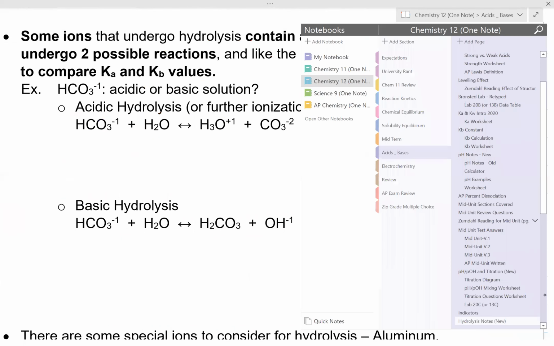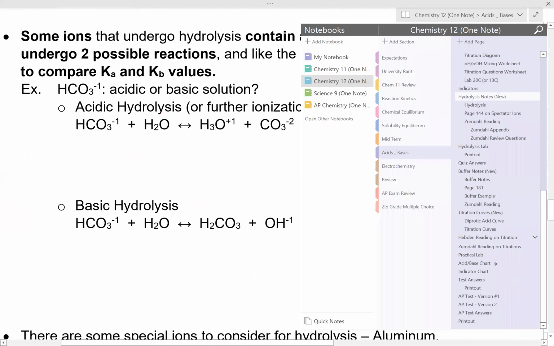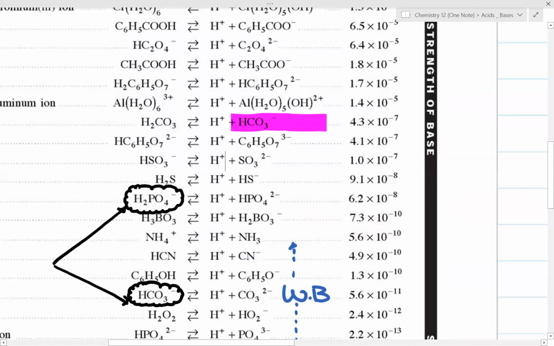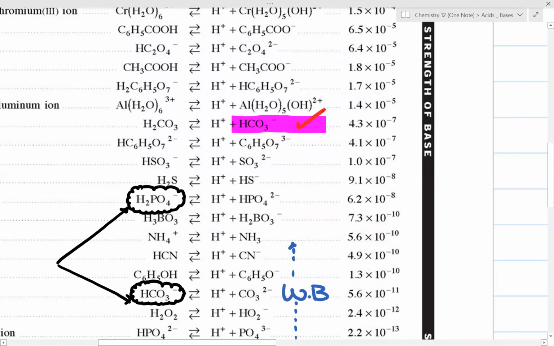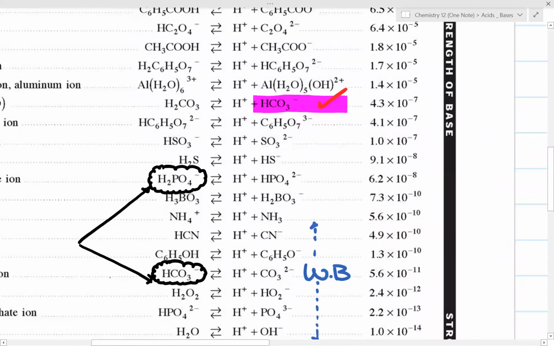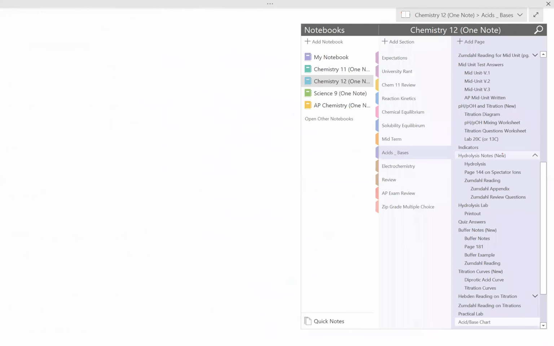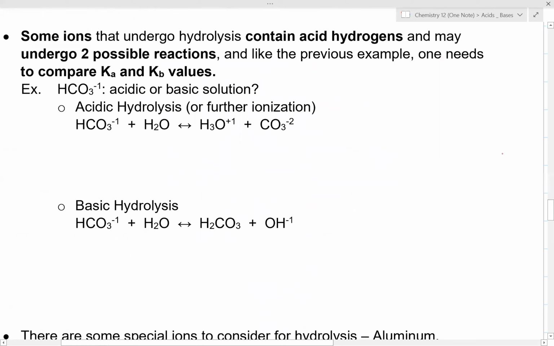If you take a look at HCO3 minus, you will notice that it can either act as a base, which is here on the right-hand side, or it can act as an acid. So which one would it prefer to do? In this scenario, we have to treat it as either an acid or a base. So in this case, we have HCO3 minus plus water giving you H3O plus and CO3 minus 2.